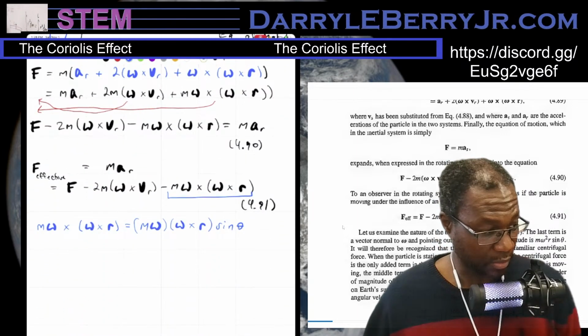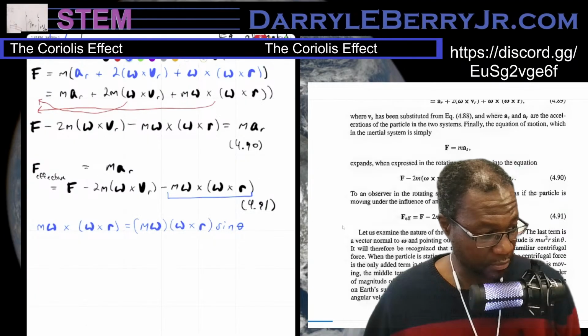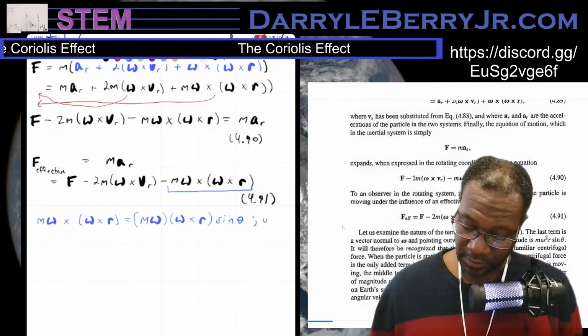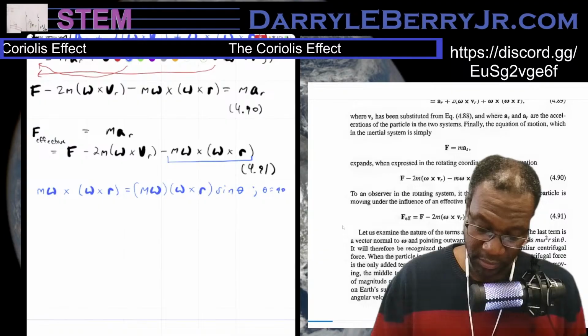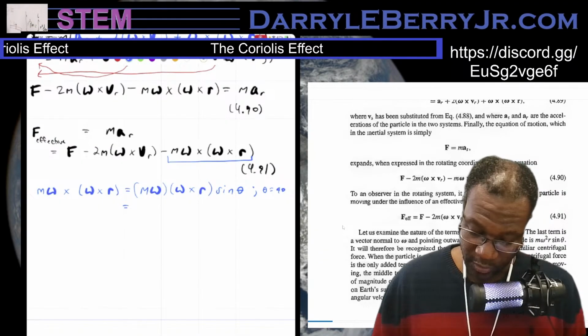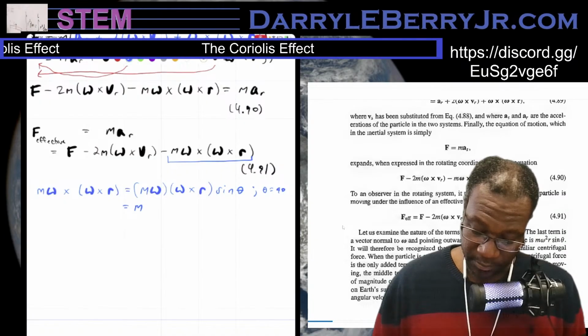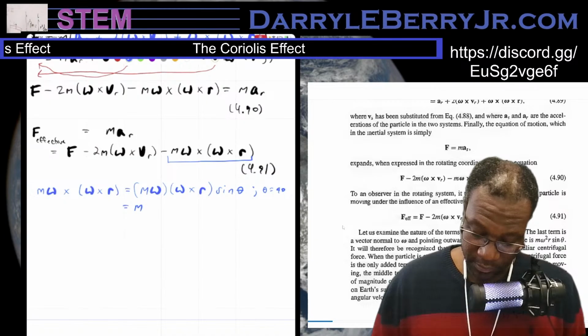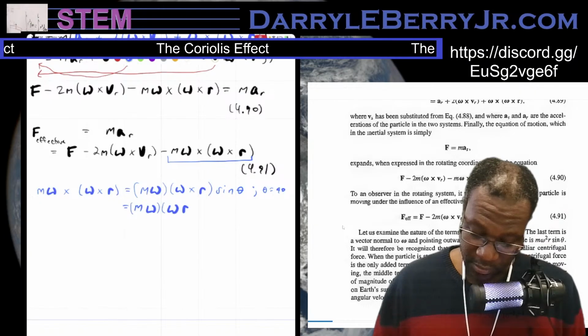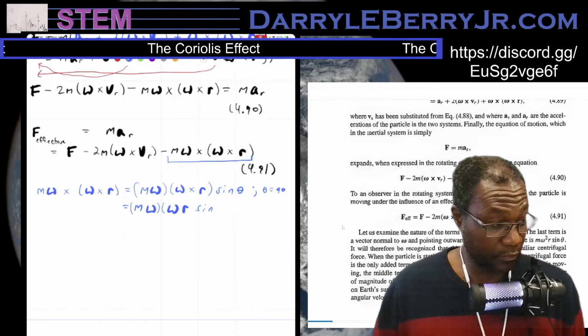So we have m r cross product omega cross r. If the angle between these two is 90, we have that this equals m omega, omega r sine.